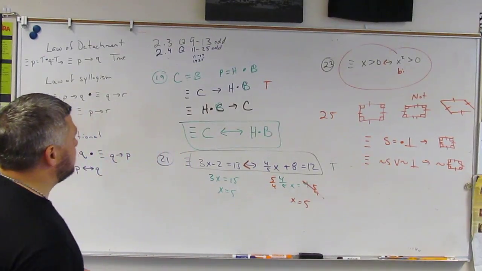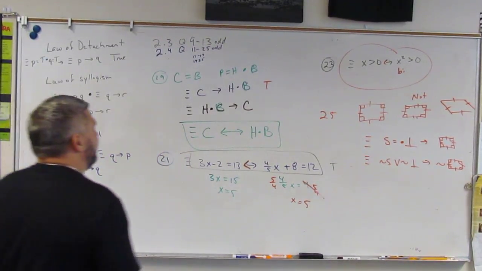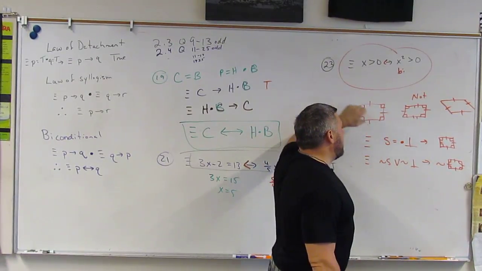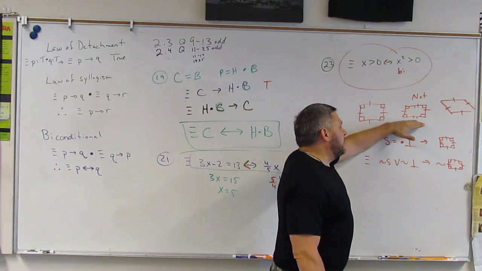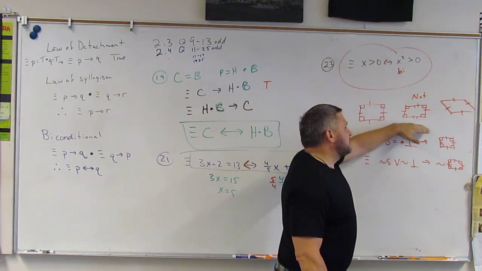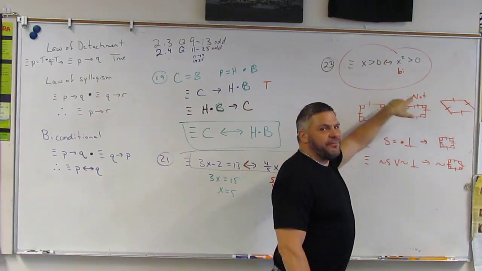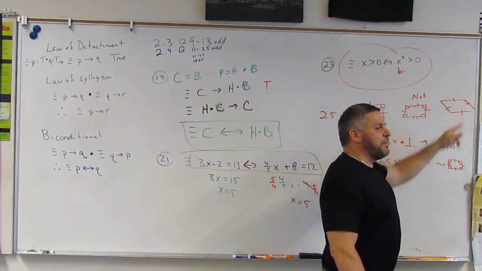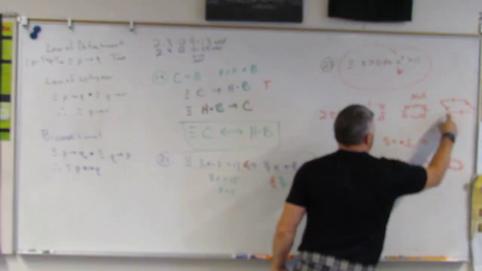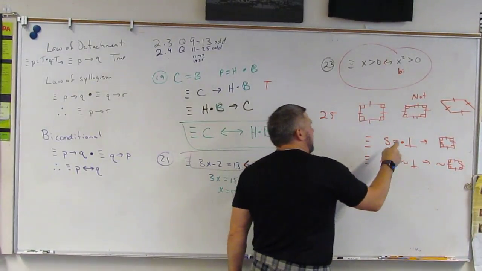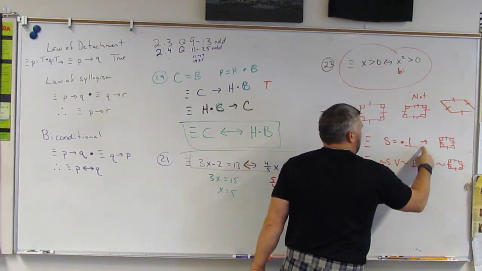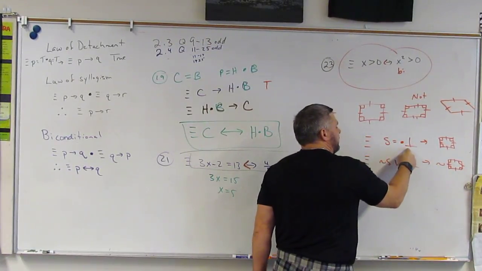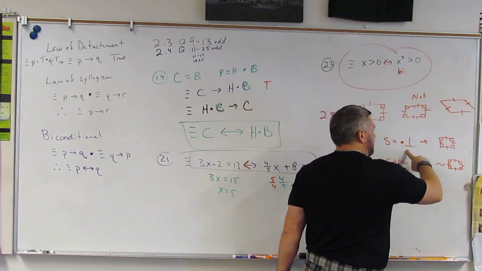So if B is a square, you have to have all your sides the same, and they have to be perpendicular. In this case, two sides are the same, and all four are not. In this case, all four sides are the same, but they're not perpendicular. These two cases are not squares. This case is. To be a square, your sides have to be equal and perpendicular to each other.